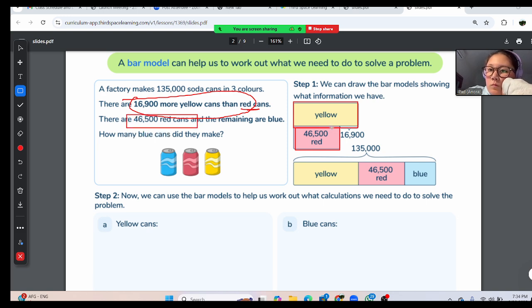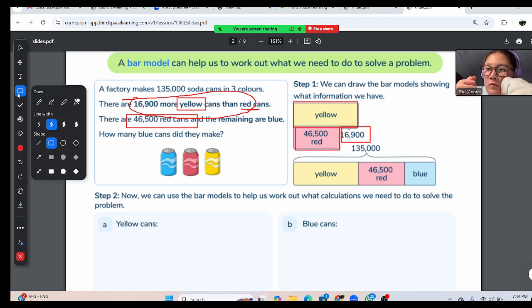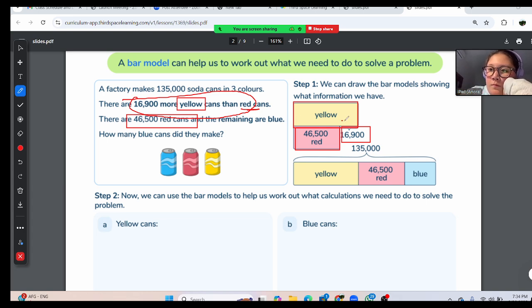Because yellow are more, and how many more are yellow than red? 16,900. So that means this remaining part is the extra in yellow.